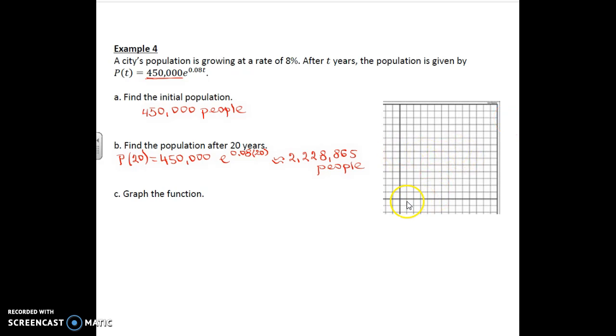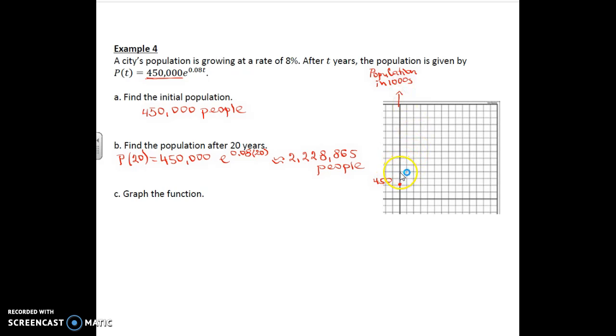And then for the last part, we have to graph that function. As always, our growing rate is going to be at that starting value of 450. I'm going to input the population in thousands. Let's go ahead and label those. So when you're labeling it, this will be population in thousands.